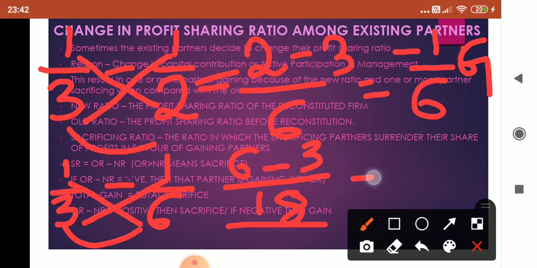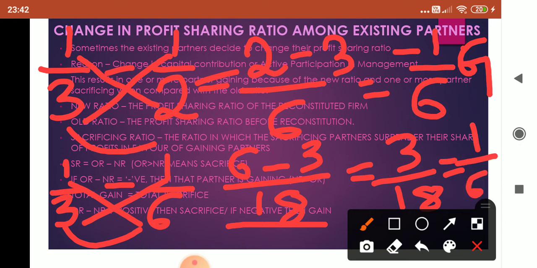So 6 minus 3 is 3. So the answer is 3/18. Now 3/18 can be reduced to 1/6. So old ratio minus new ratio, the answer is positive, which means C is sacrificing. And also what you have to see is the gain will always be equal to sacrifice. The total gain should be equal to sacrifice.